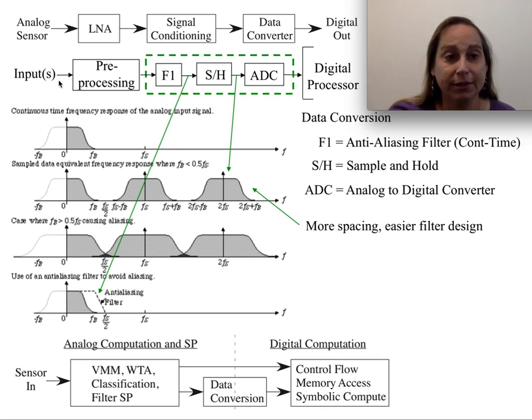So classically, this typically means there are going to be some inputs. There's usually some pre-processing, often something like LNAs to get a small signal up out of the noise to something reasonable. Again, everything is about how do I get decent data conversion and get it to my digital system. This is the way we think about it classically.